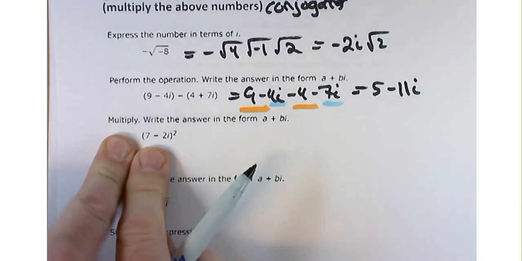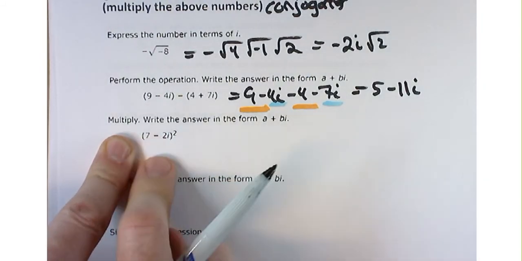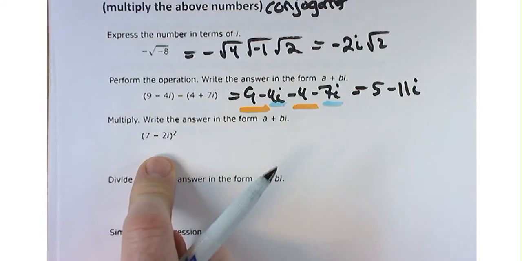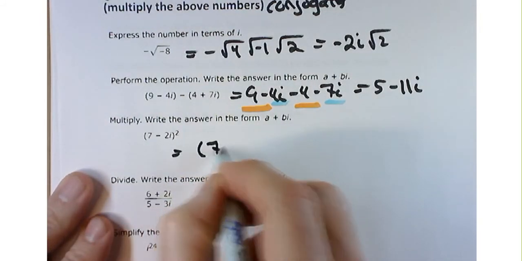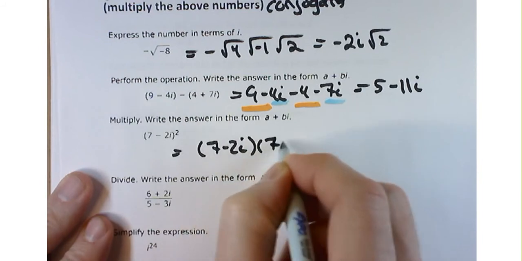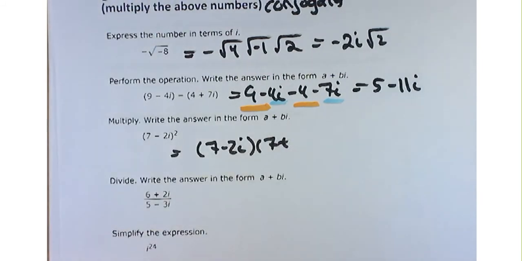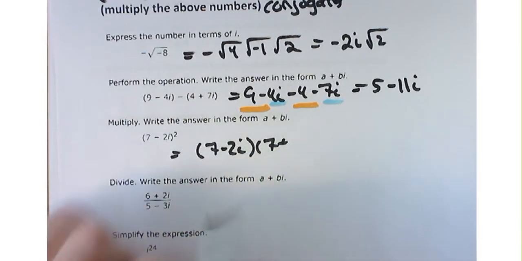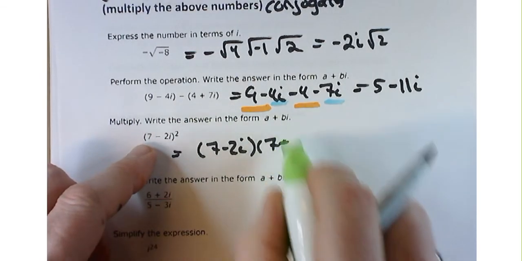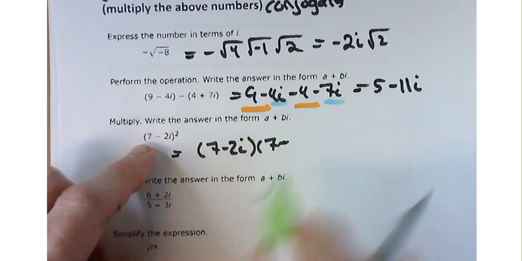Are you noticing a trend here? Squaring a binomial. Third time here in this little review. 7 minus 2i times 7 minus 2i again. Ooh, I almost put the conjugate. That would have been bad. There we go.